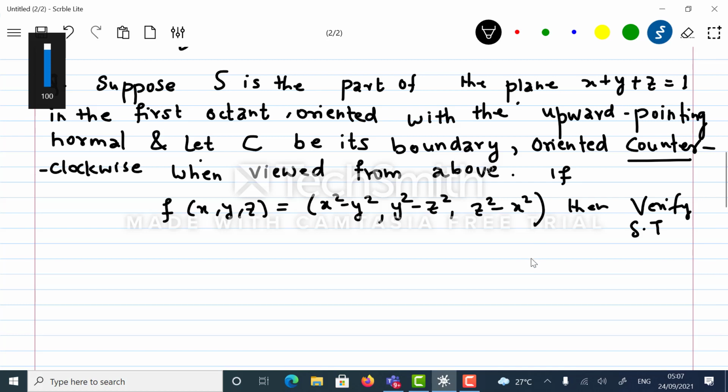so let's draw the diagram. It's a tetrahedron. x plus y plus z is equal to 1. So for the tetrahedron, I can easily locate the 3 points.